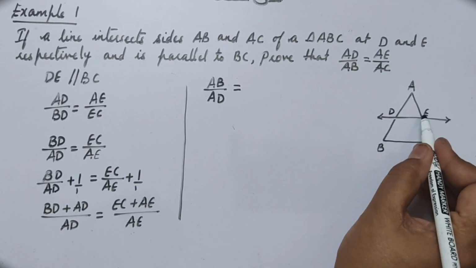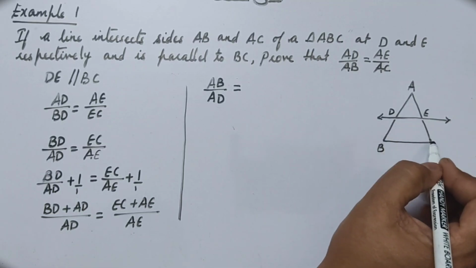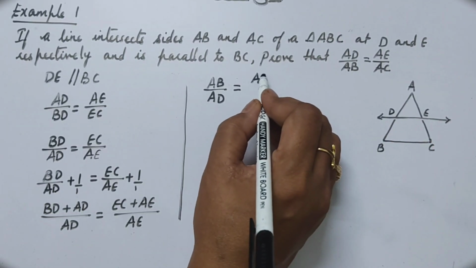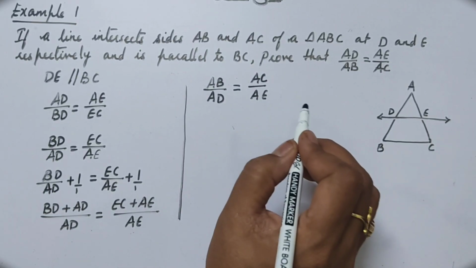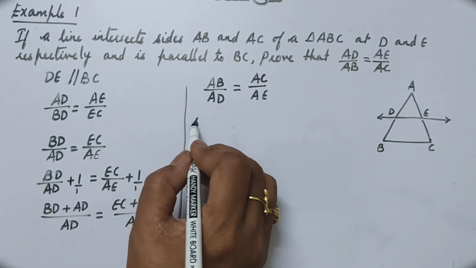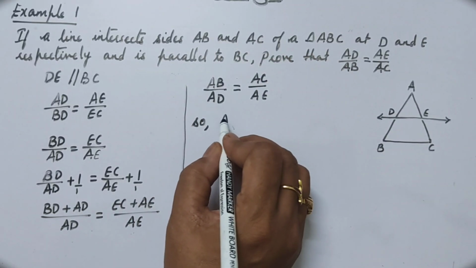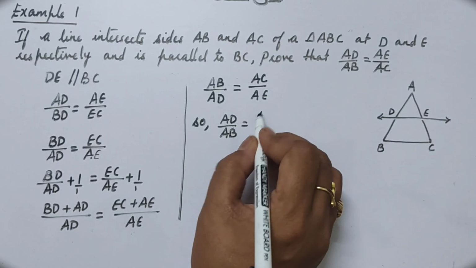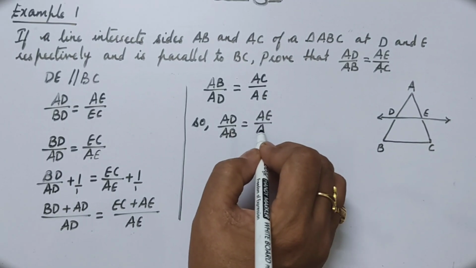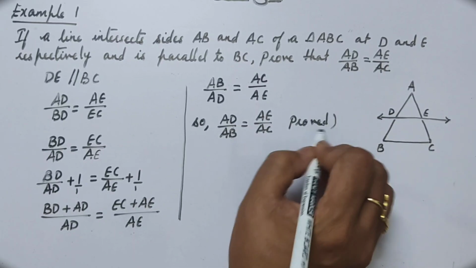Now EC plus AE. When I add these both, I am going to get the complete side AC. AC upon denominator AE. Okay, so if I reciprocal this or reverse this, I am going to get AD upon AB equals AE upon AC. That is what we have proved here, students. I hope this is clear to you all.